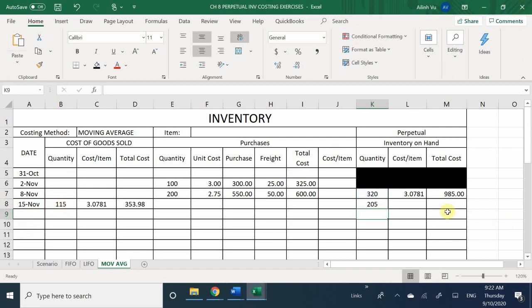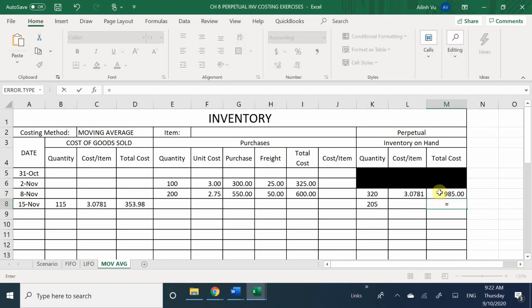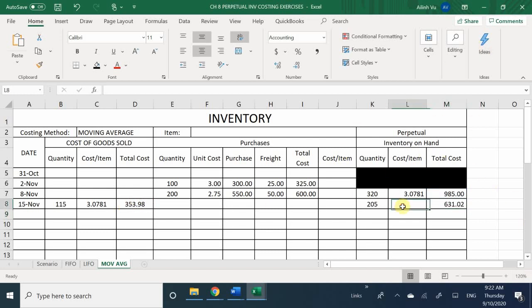In this case, I am going to subtract my 985, and I'm going to subtract my 353.98, and what do I get here? Yes, you should get 631.02. And then now you can go ahead and solve for your new average cost per item.